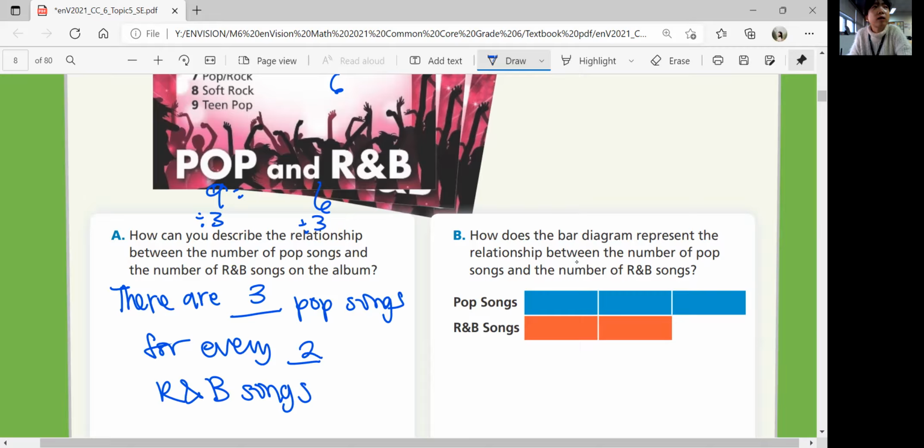Part B, how does a bar diagram represent the relationship between the number of pop songs and the number of R&B songs? We got pop songs, 3 bars, and R&B songs, 2 yellow bars. So what does each section of the bar diagram stand for? Okay, so 3 pop songs for every 2 R&B songs just gives you a ratio.